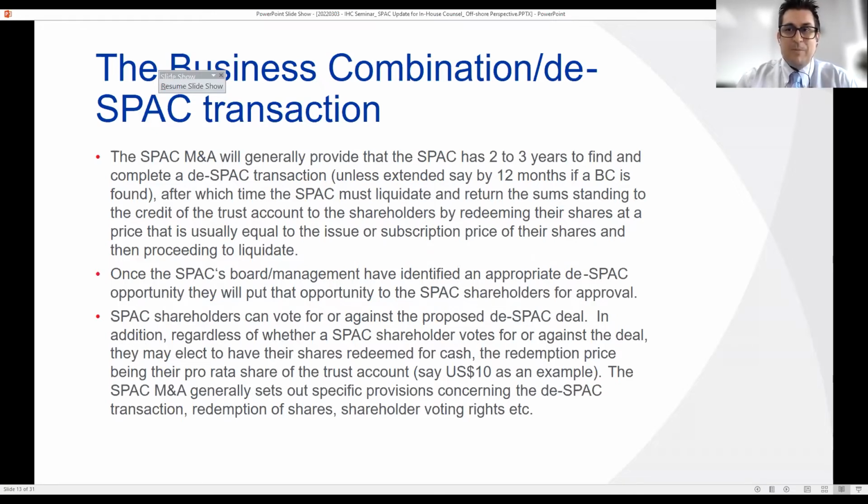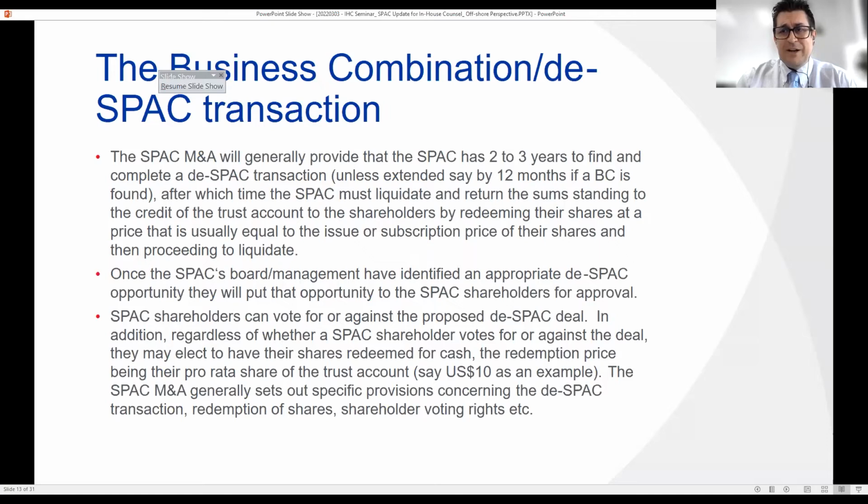And I'll talk a little bit more about that in a moment. Shareholders, if they don't like the deal, can vote against it and elect to have their shares redeemed for cash, and then they can just walk away with their cash, and that's that.